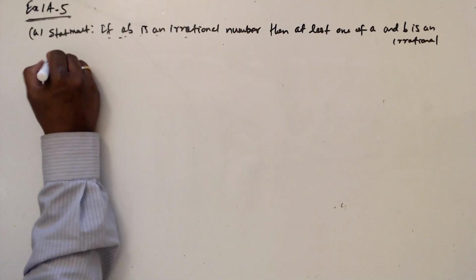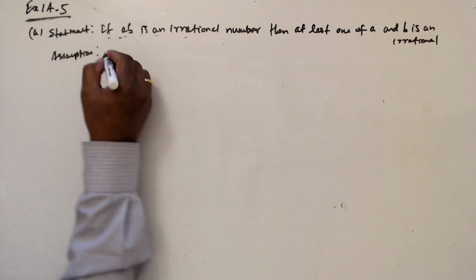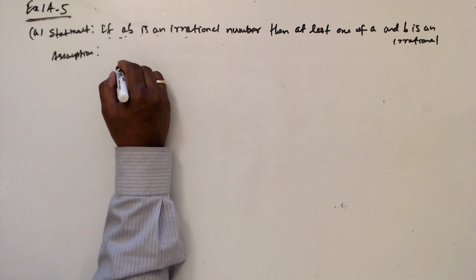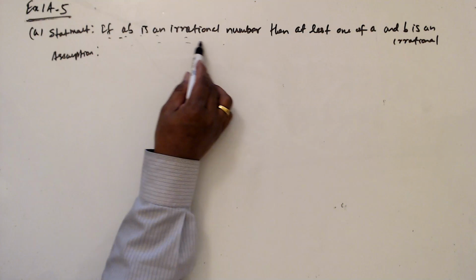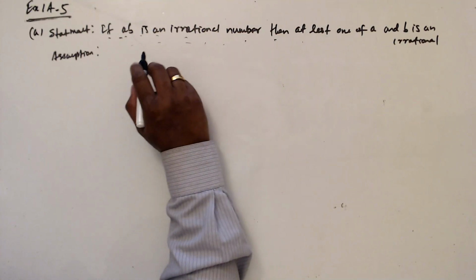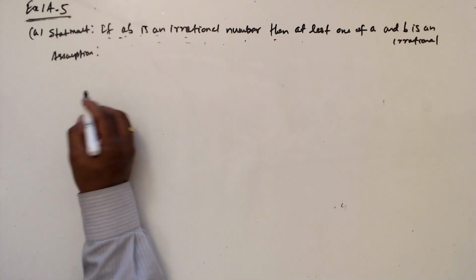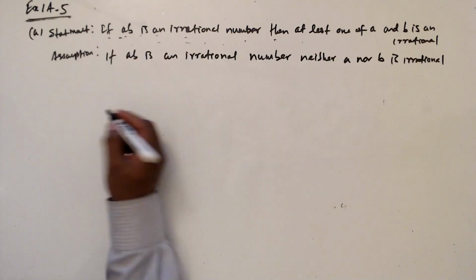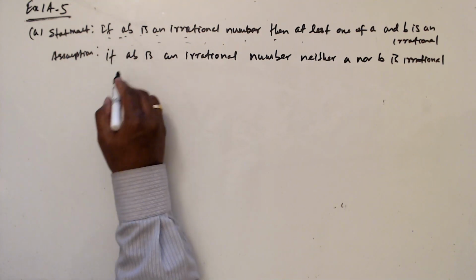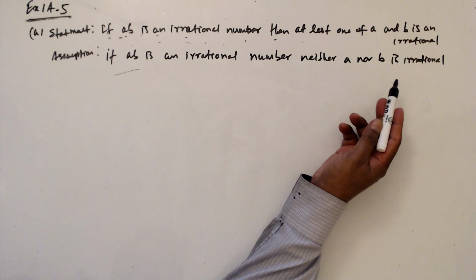So then the assumption is, if AB is an irrational number, then neither A nor B is an irrational number. So if AB is an irrational number, neither A nor B is irrational.